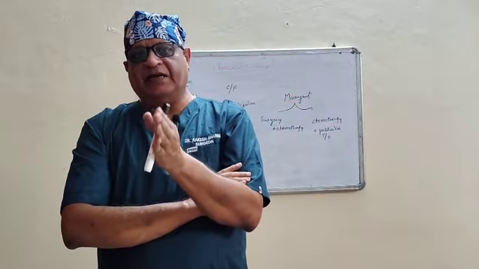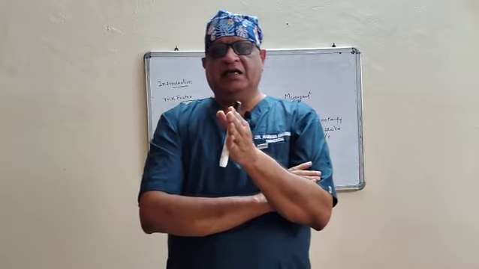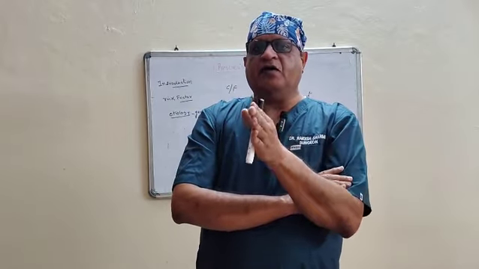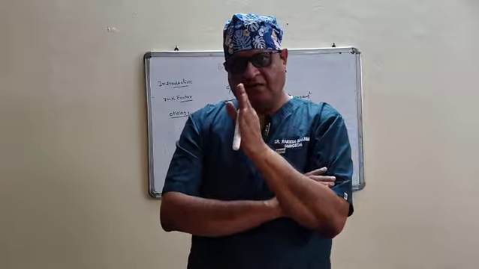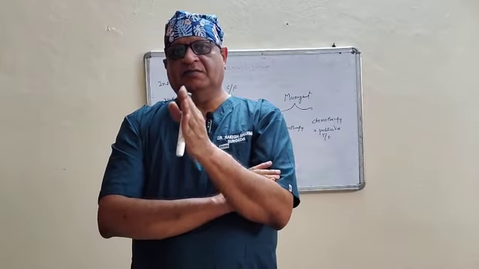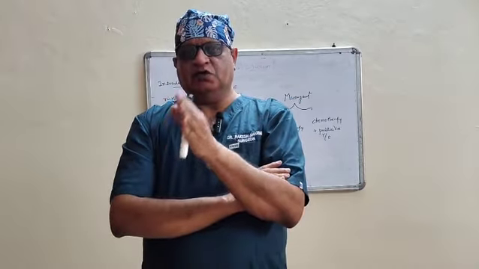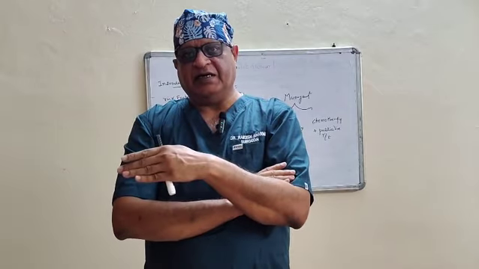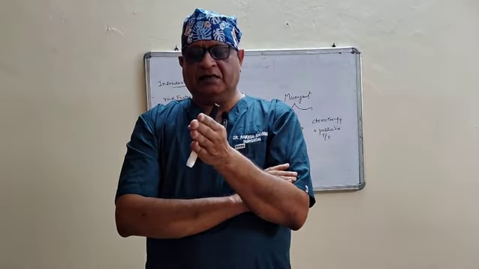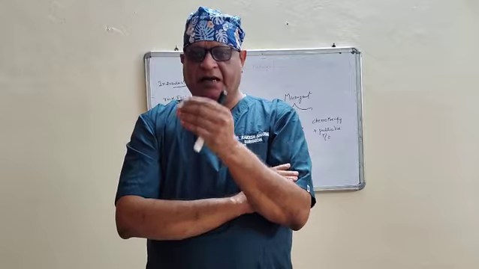Stage 4 is divided into 4A and 4B. In 4A, there is involvement of the vessels, arteries and veins: superior mesenteric artery, celiac trunk, portal vein, hepatic vein.